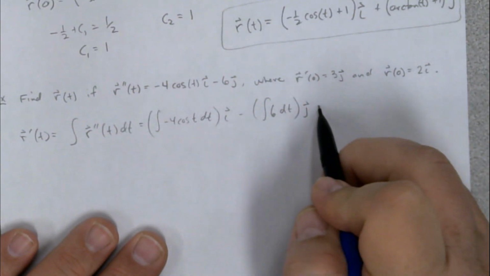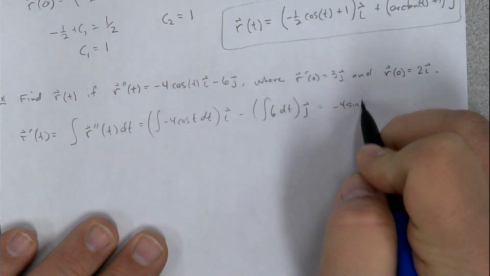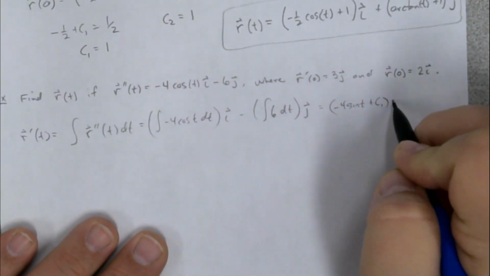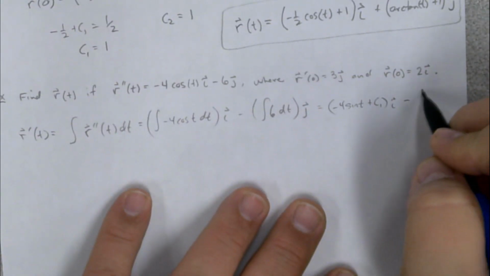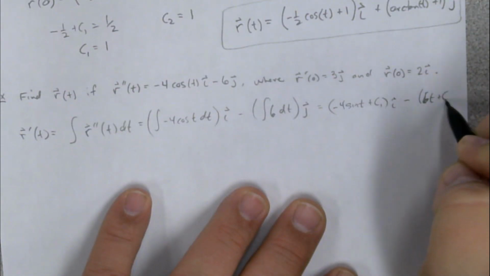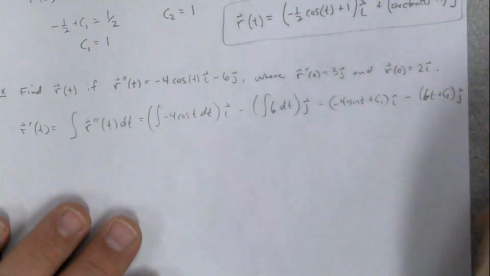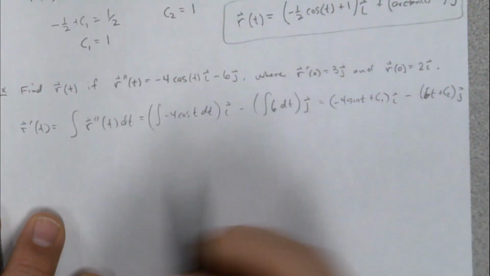And so if you work this out, you're going to get a negative 4 sine of t plus 1 constant, and then minus 6t plus another constant for the j. And just like we did up above, we have initial conditions here.